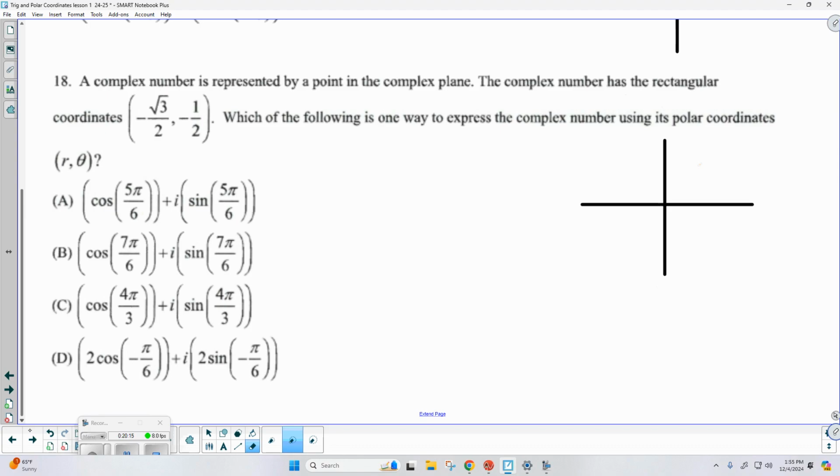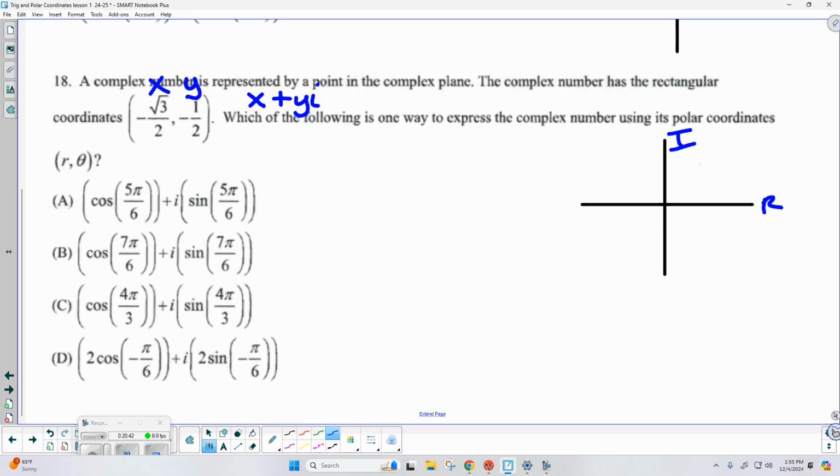Okay, so a quick review. We plotted these complex numbers in the complex plane, but it looked just like your normal rectangular plane. The horizontal axis was the real, and the vertical was the imaginary. Like for example, this one right here, using this x and this y, we had the version x plus yi.